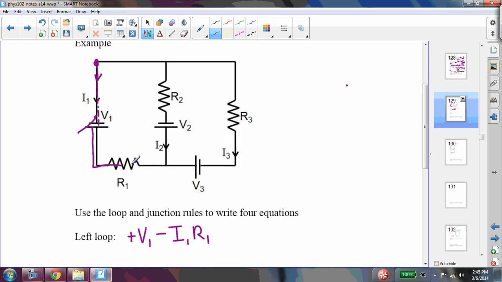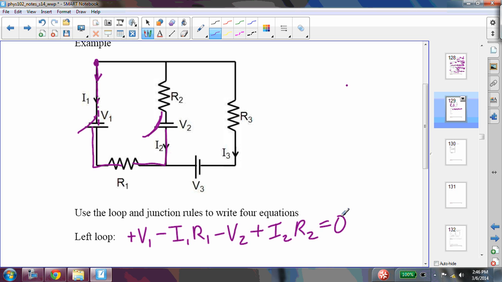I'm doing a left loop here, so I'm going to come up here. Here, my V2 is going to be negative because I'm going from the high side to the low side, down this little slide. So my electron is actually losing energy in that battery. It's like a recharging. Now this next one, be careful here. It's going to be plus I2R2, and then this is equal to 0. Be careful with this last element for a couple of reasons.